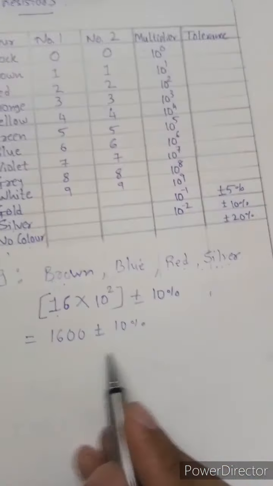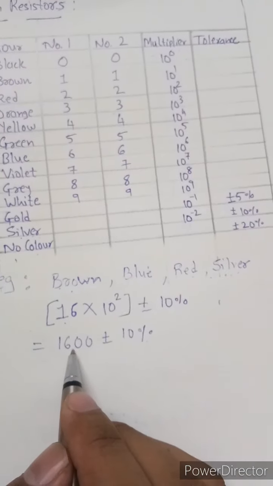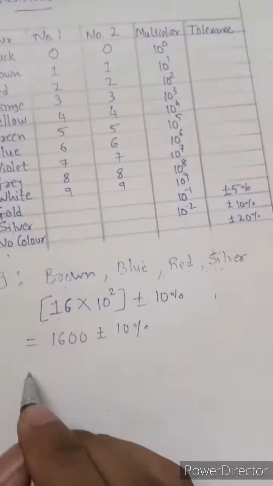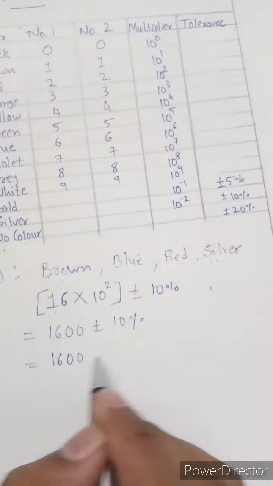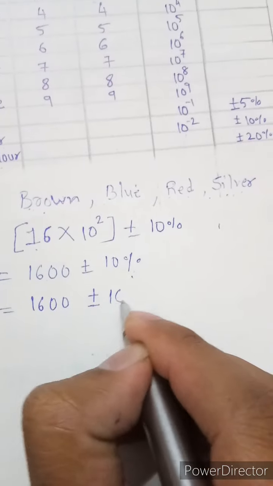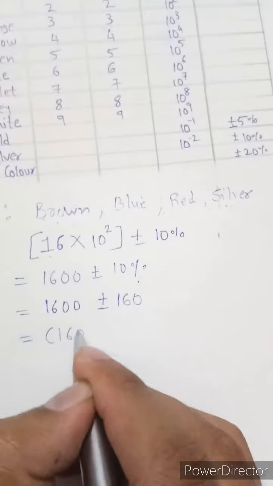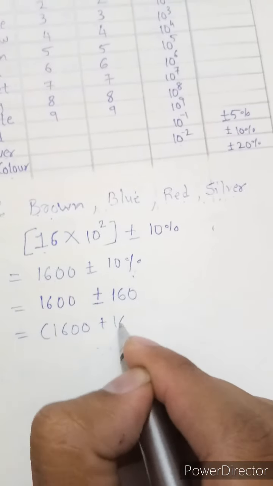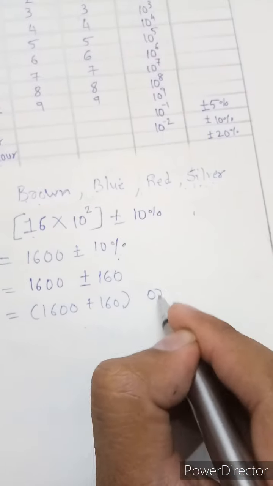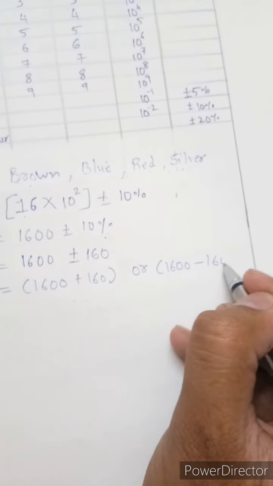So you have to find 10% of 1600, and 10% of 1600 is 160. So you will get two values: one is 1600 plus 160, or 1600 minus 160.